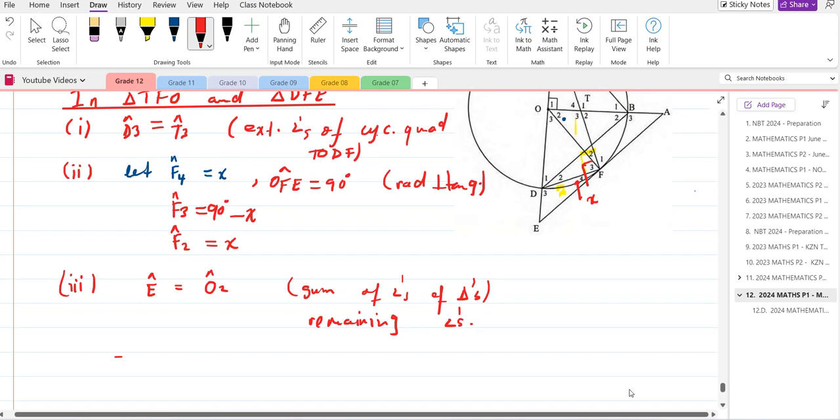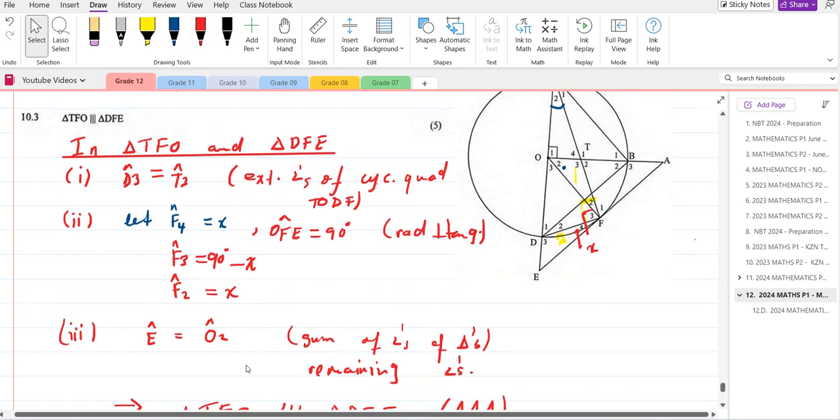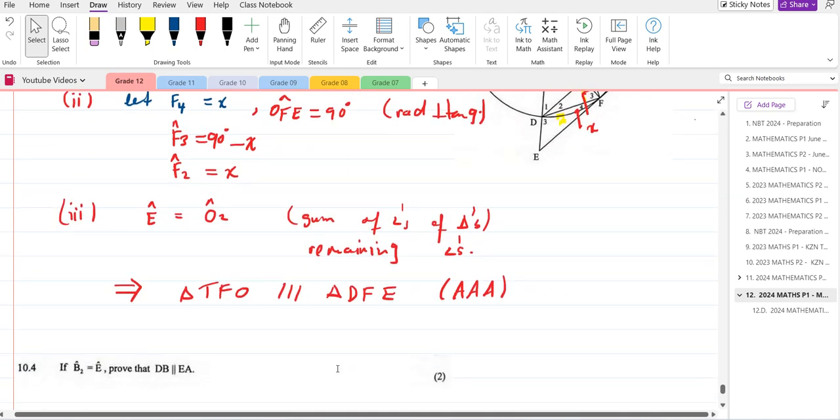This implies that triangle TFO is now similar to triangle DFE, and we got angle, angle, angle. TFO is similar to triangle DFE.